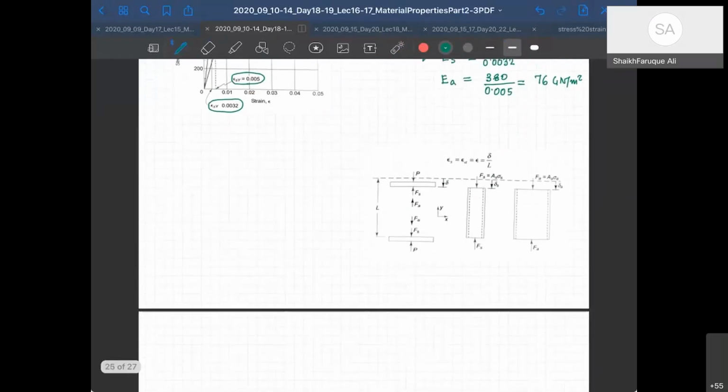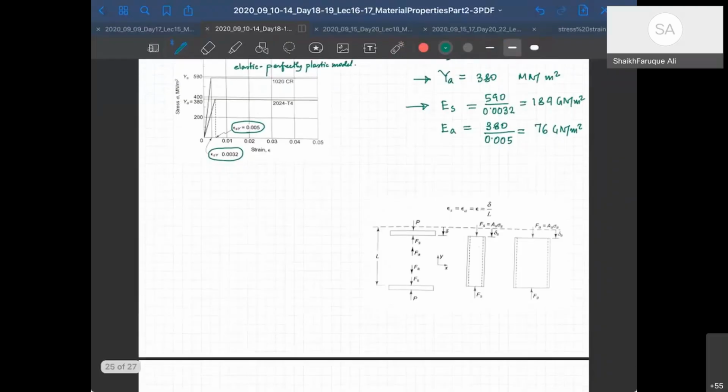Now, let us look into a few things, the model itself. We now have to find equations to solve. The first one is the equation of equilibrium.